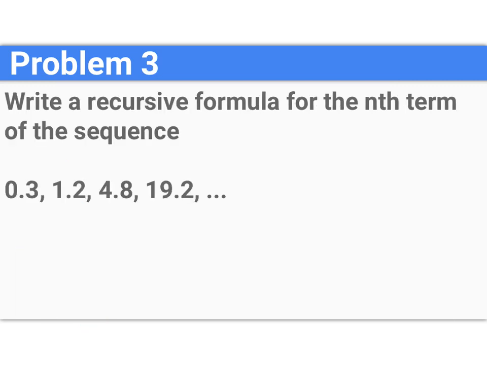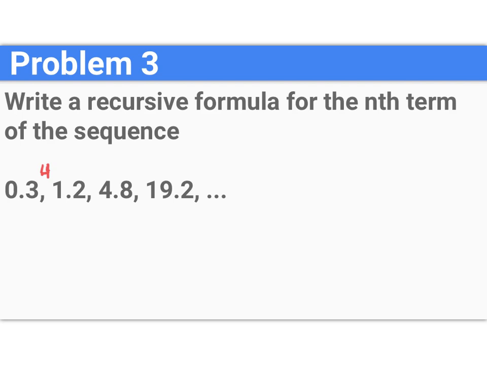Okay, so for this one, they want us to write a recursive formula for the nth term of a sequence. So for the recursive formula, you need the ratio, and that's all you need is the ratio. So 0.3 to 1.2, it looks like you're multiplying by 4. Yeah, 0.3 times 4 is 1.2, times 4 is 4.8, times 4.